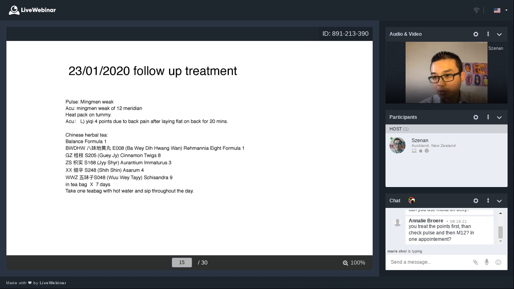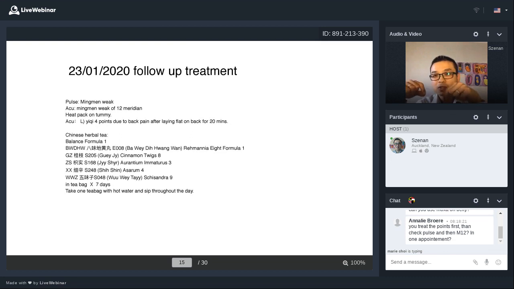You treat the point first, then check the pulse, and then measure 12 in one appointment. Okay, that's the process. I don't treat the point first. I actually feel the pulse first. Pulse diagnosis, then I find out which one I need to treat. Then according to the pulse diagnosis, I choose the point and needle it.